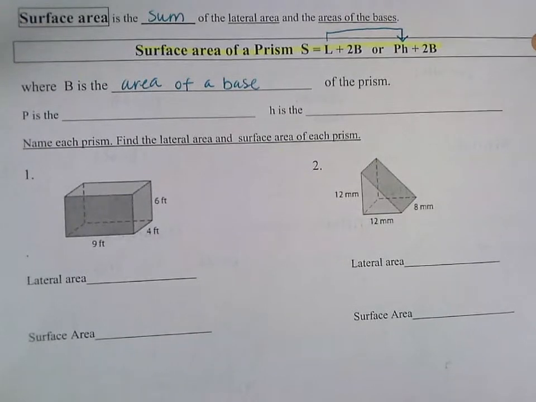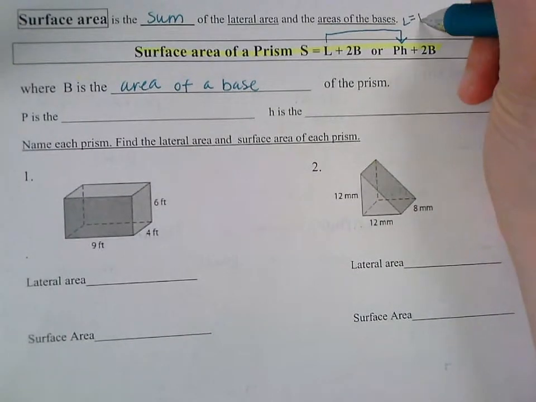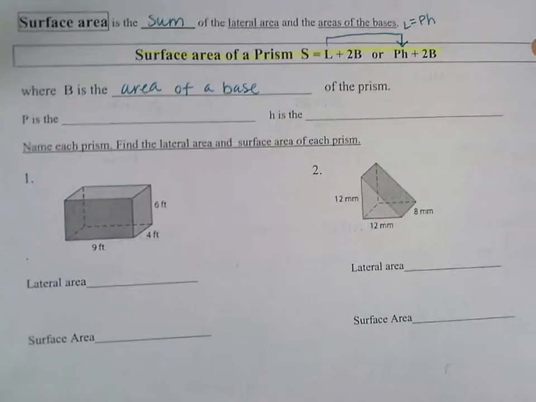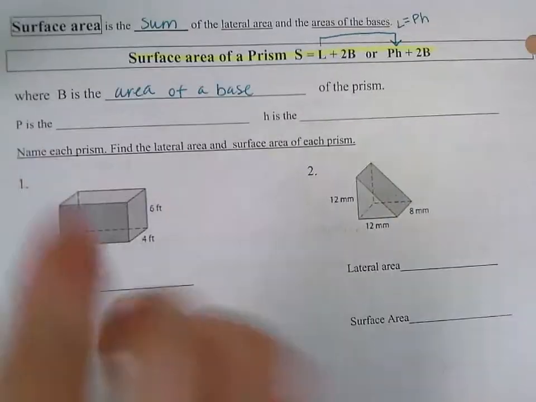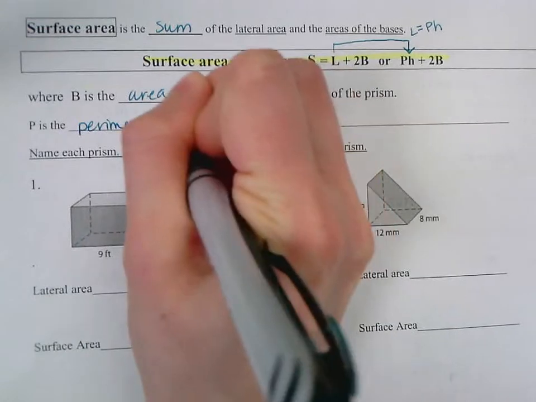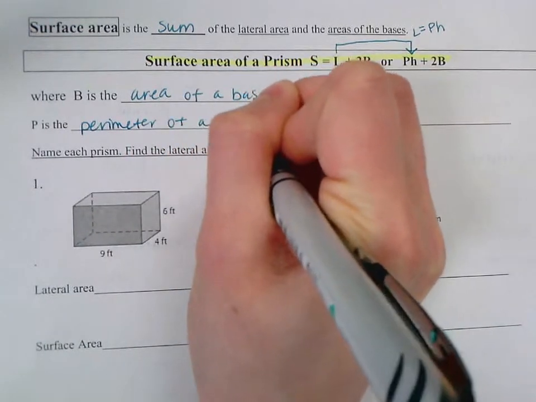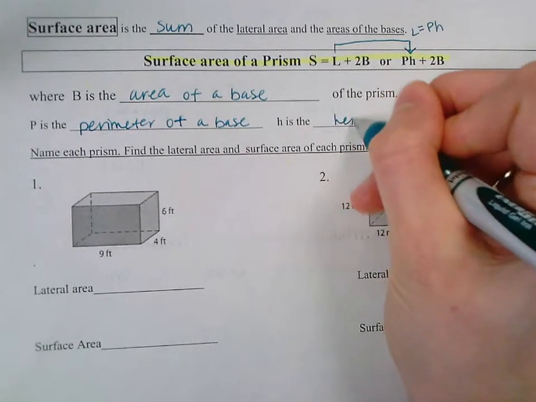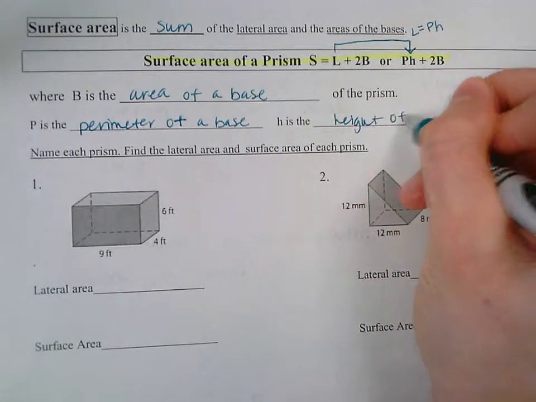That's what we just talked about. So it's just putting that formula in place of the L. But they're the same thing. So again, P here is the perimeter of a base. And then H is the height of the prism.